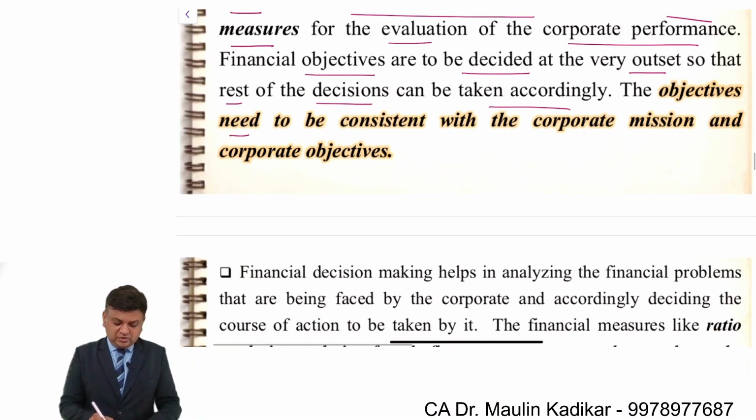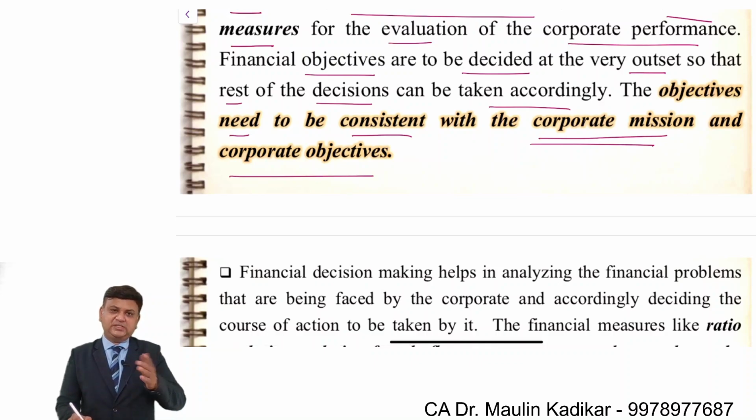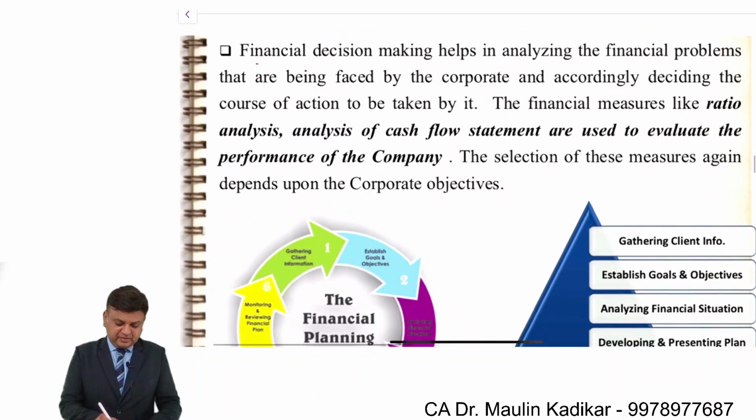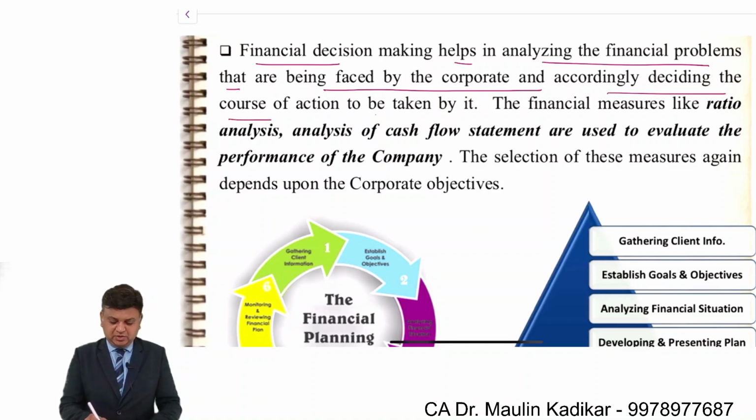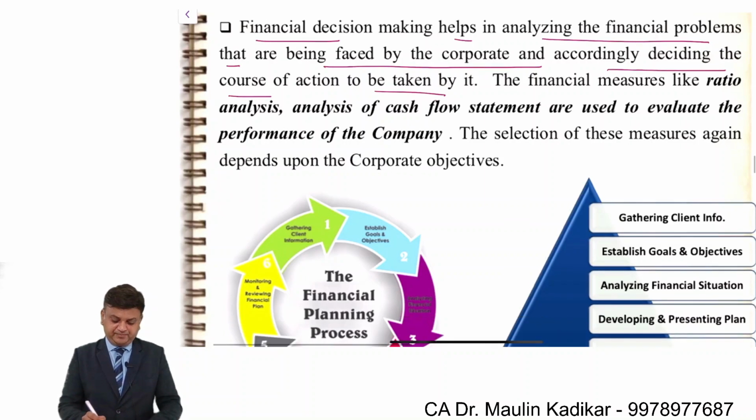The objectives need to be consistent with the corporate mission and corporate objective. So now they have translated the same to the company. Financial decision making helps in analyzing the financial problems that are being faced by the corporate and accordingly deciding the course of the action to be taken by it.